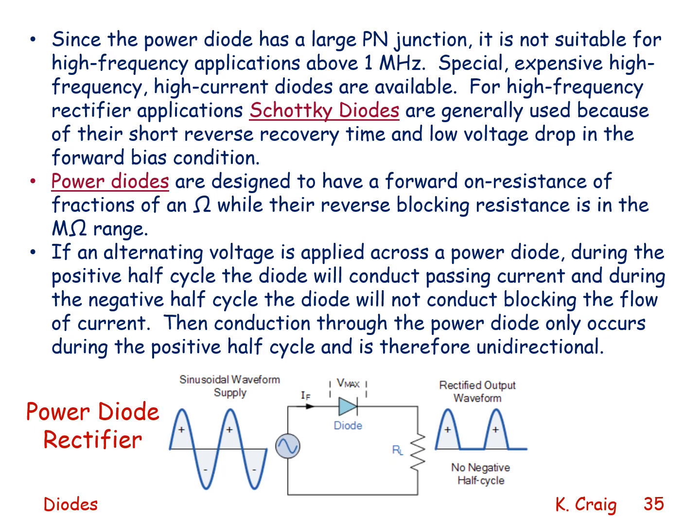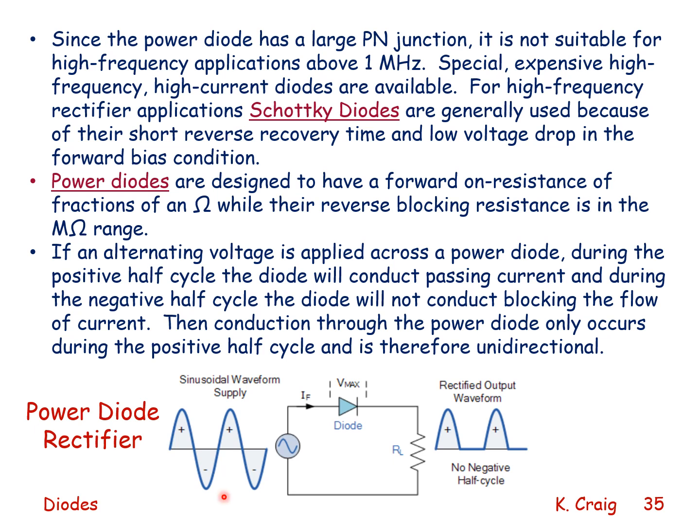If an alternating voltage is applied across a power diode, during the positive half cycle the diode will conduct, passing current, and during the negative half cycle the diode will not conduct, blocking the flow of current. Then conduction through the power diode only occurs during the positive half cycle and is therefore unidirectional.